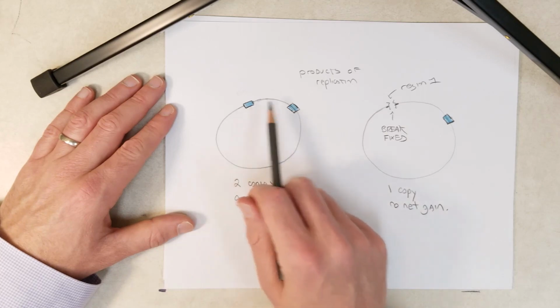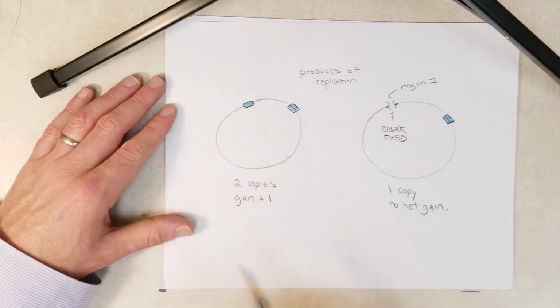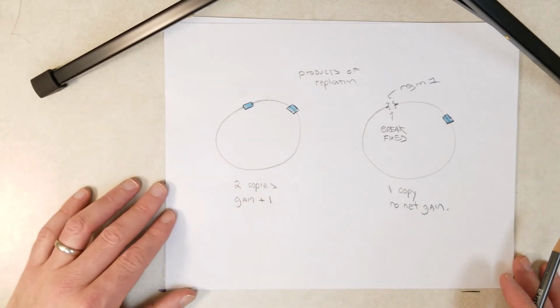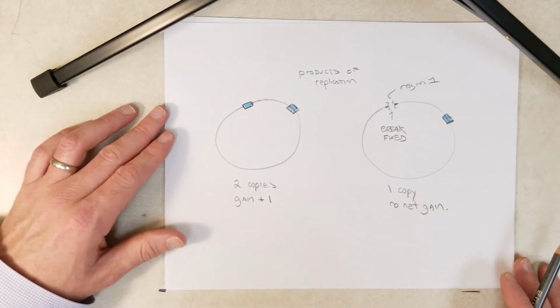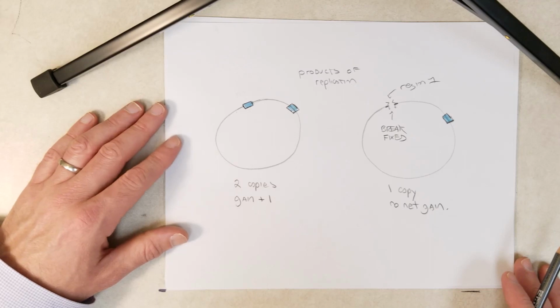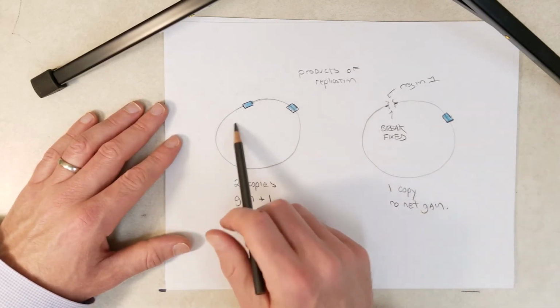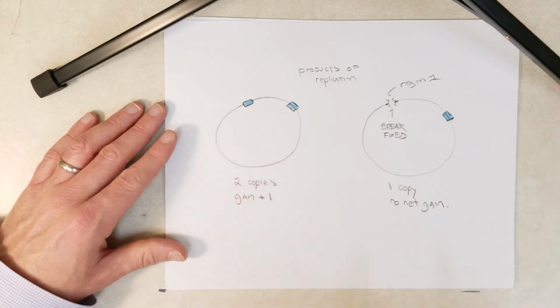But over here we have 2 copies. So that's one possible way a cut and paste transposon can increase its numbers in a genome, even though it actually has to be physically moved from one location to another.